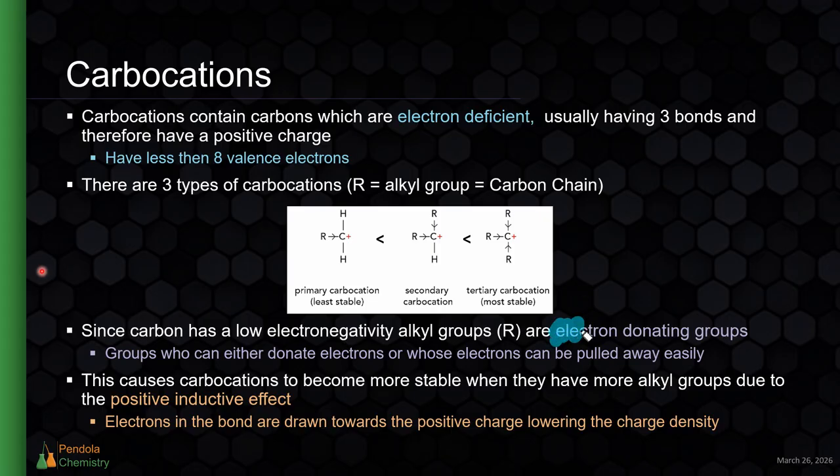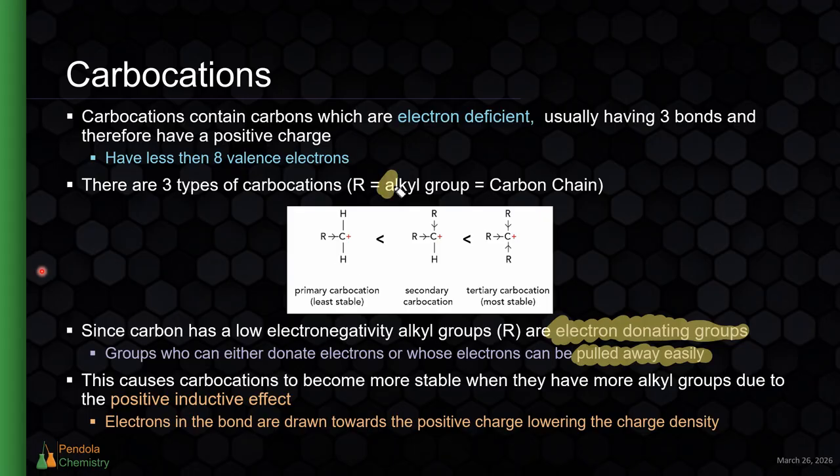Electron donating groups, when it comes to chemistry, are exactly what they sound like. They are groups of atoms with a functional group or a specific atom that have either low electronegativities, and so they can donate electrons, or whose electrons can be pulled away easily. And this is the case with carbon chains, right? Some electron donating groups we'll see later on can actually donate lone pairs of electrons.